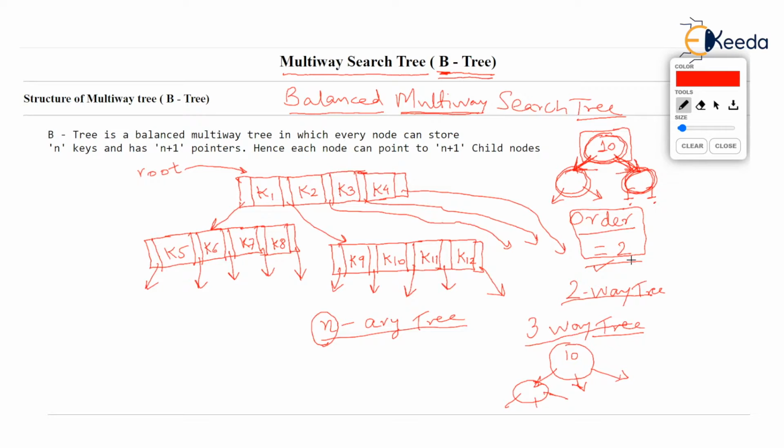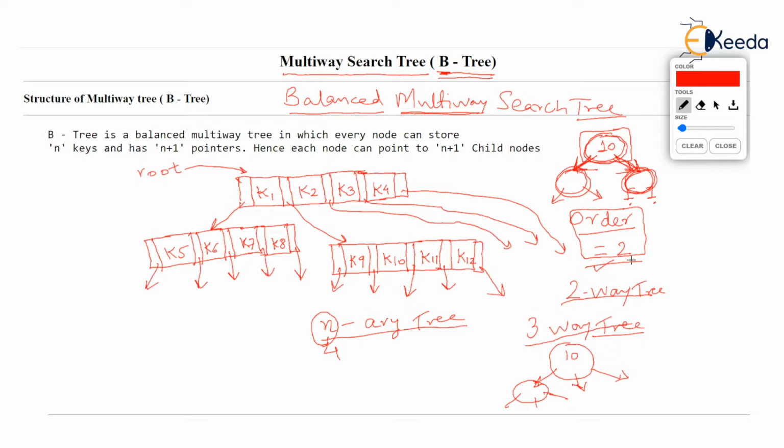N here is order. If n is 2, then we get a binary tree. You keep n as 3, we get three-way tree. It is known as three array tree. Or if you keep n as 4, then every node can have 4 children. That means every node will contain 4 pointers. So we call it a 4 array tree.